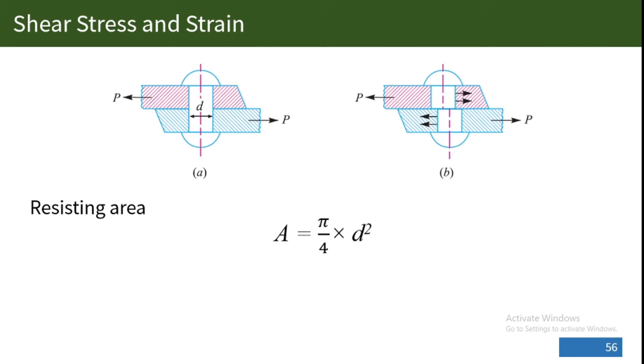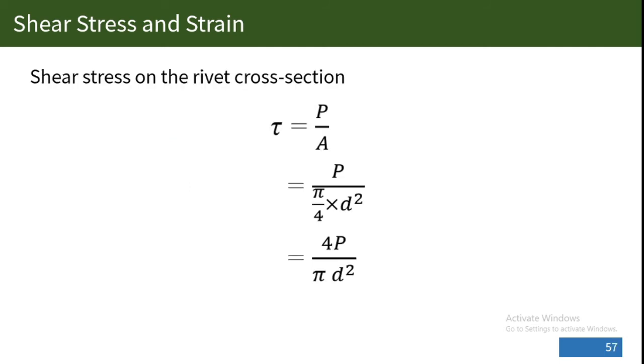So our shear stress at the rivet cross section, using the same formula for stresses, the shearing stress tau is equal to the applied force over the rivet cross section.